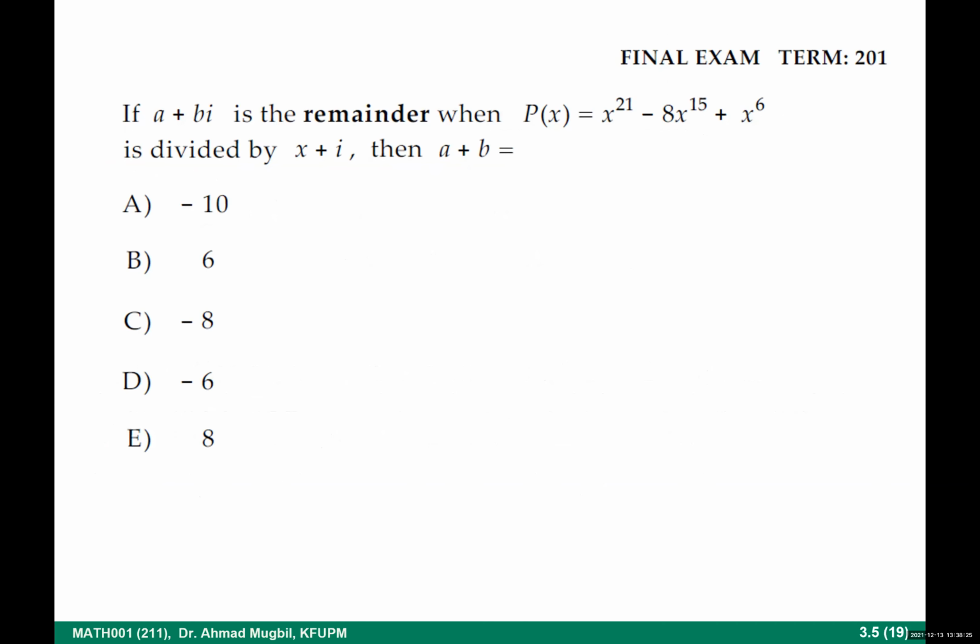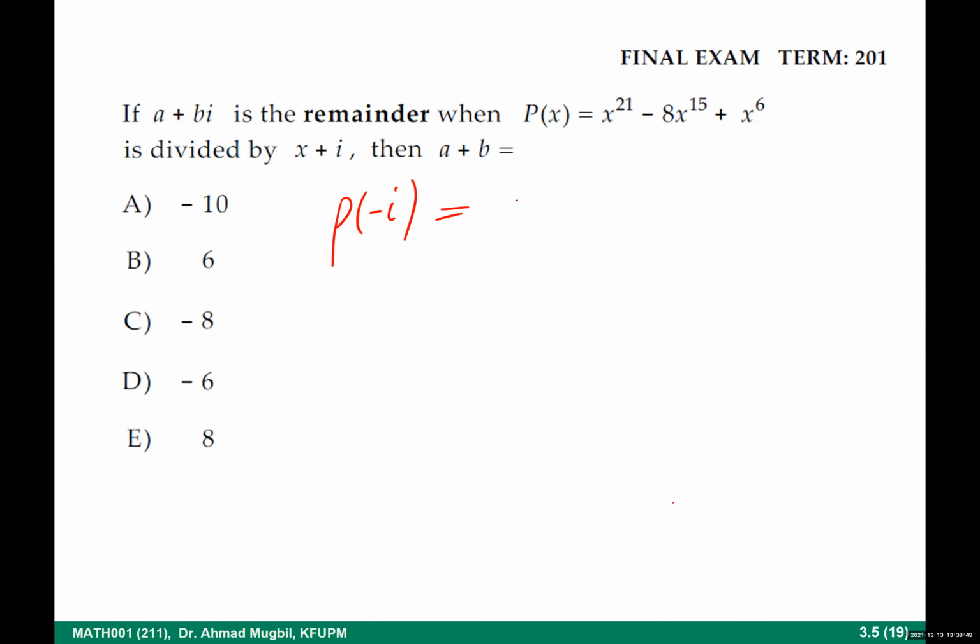For the first one, what will you do to solve it? I think I have seen this before in section 3.3. So here, the remainder. So what you will do is just find P at what? At negative i.